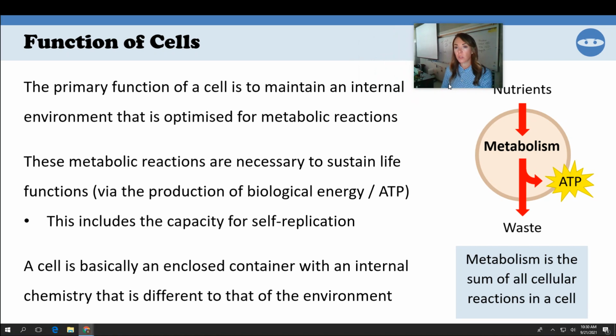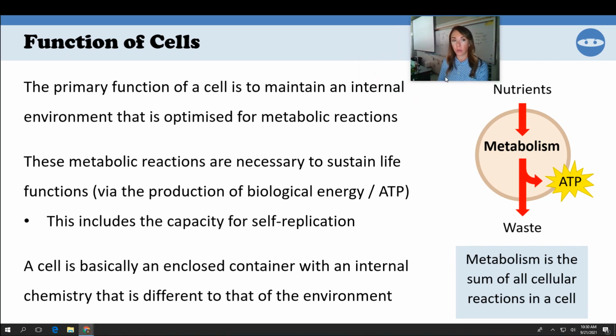Okay. First of all, let's go back and look at a good review of one of our characteristics of life, which is metabolic reactions, right? Homeostasis, being able to maintain an internal environment that is different from the environment around us.